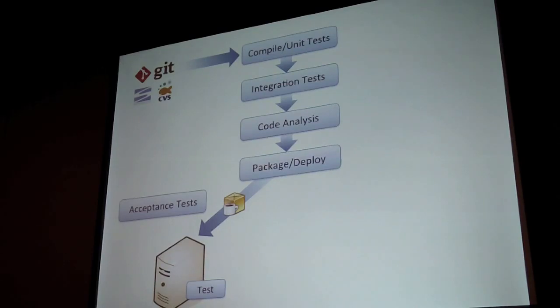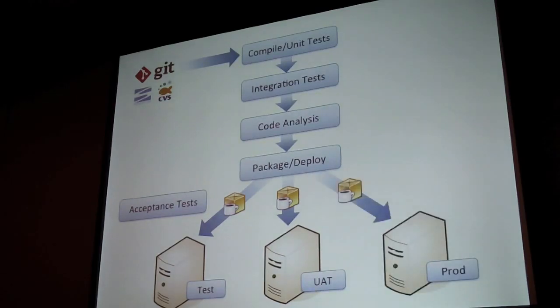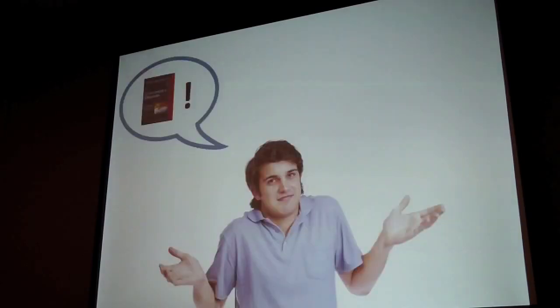You don't want to introduce problems or side effects by rebuilding it multiple times for specific environments. Later on, we'll have a look at what to do with this deliverable once you build it. So here you can see we can later deploy it to UAT or production environments. That's what a basic build pipeline looks like. I'll show you later on how to build one.